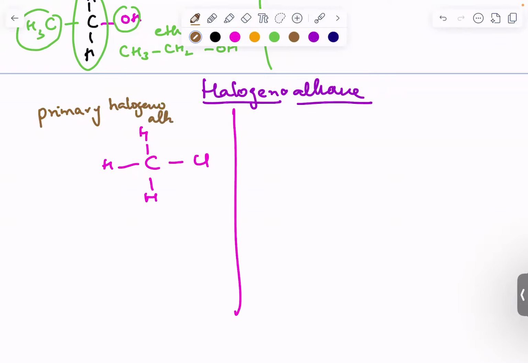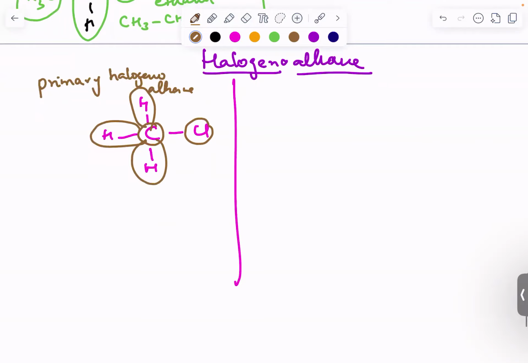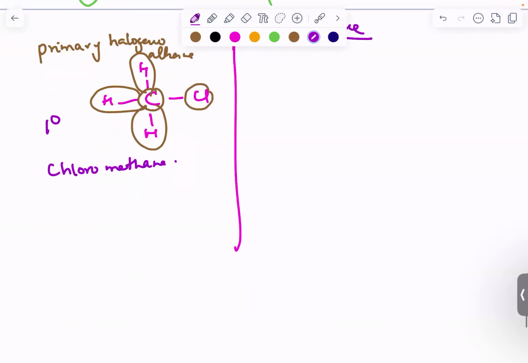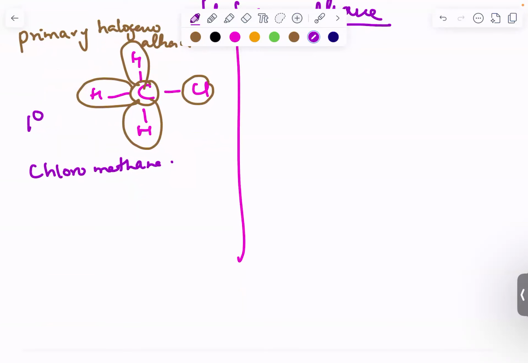Why? Because Cl is linked to the carbon, which in turn is linked to three hydrogen atoms. This is the simplest one. So, what do you call it? Chloromethane. Well done, chloromethane.